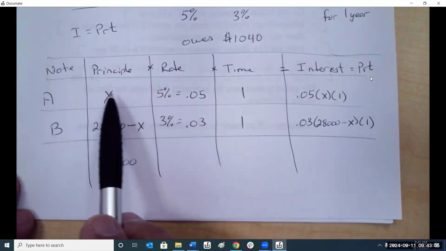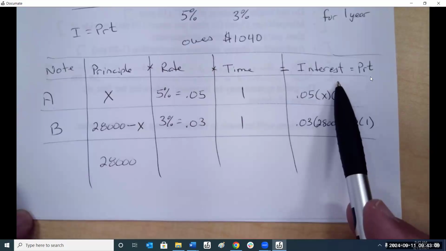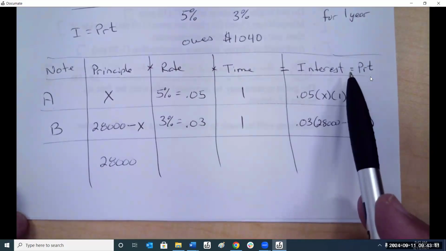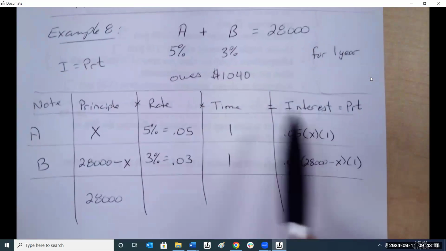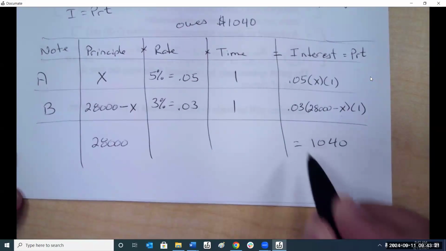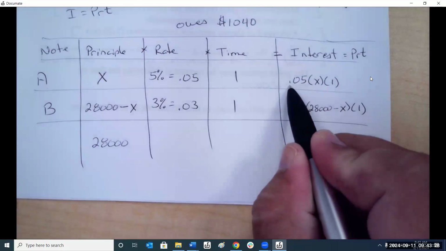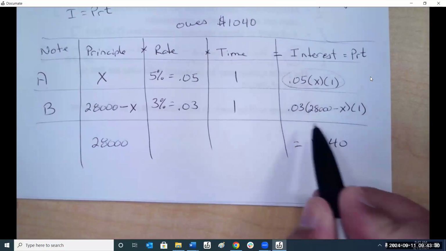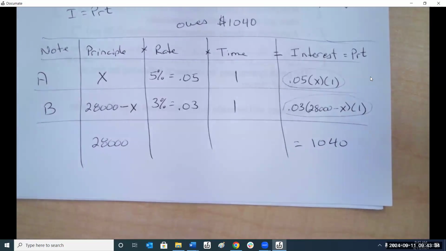Because all we're doing is, once we define these 6 elements here, we now can figure out the formulas for interest. If we add up all the interest, how much do we owe? We owe 1040. In other words, this interest plus this interest has to equal 1040.